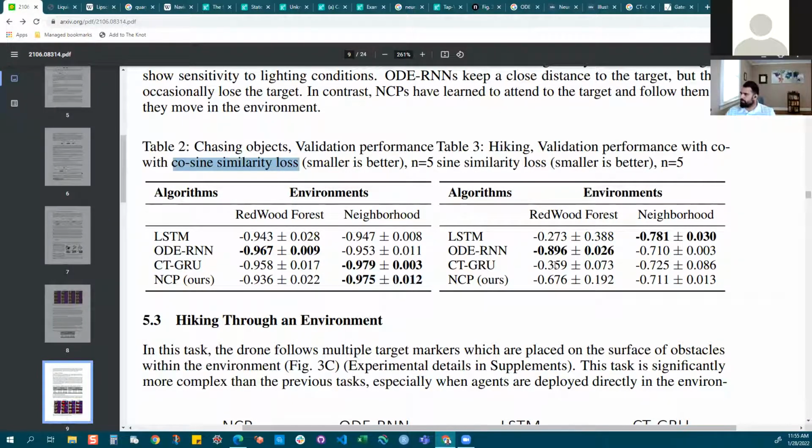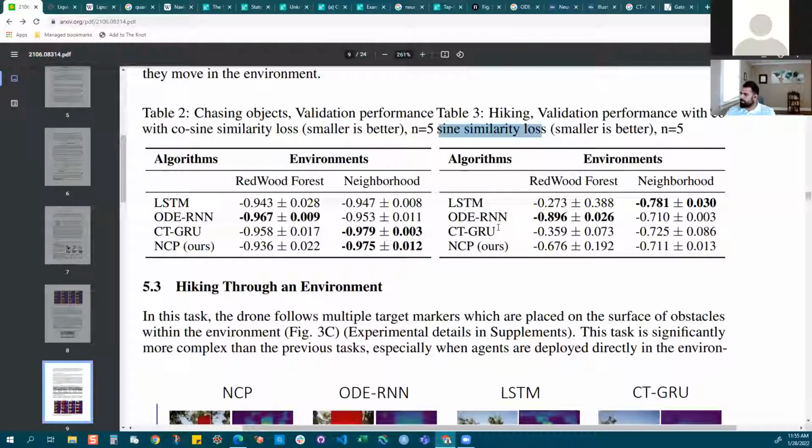The table on the left and the table on the right is sine similarity loss. And they see that in the moving environments, their model only performed well in the neighborhood and not in the forest and other environments. They provide the results here.